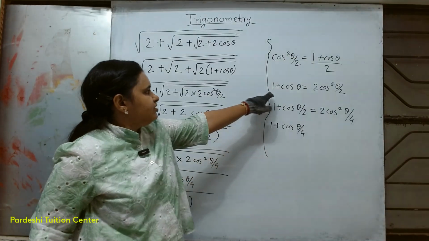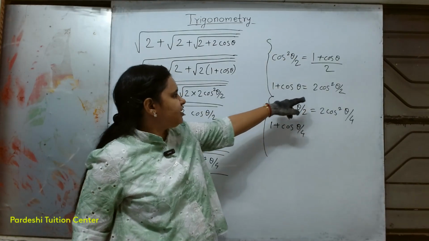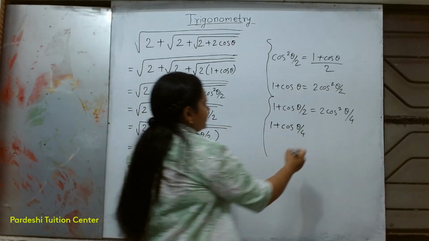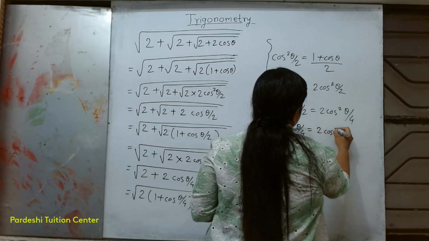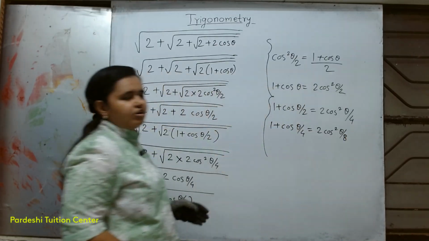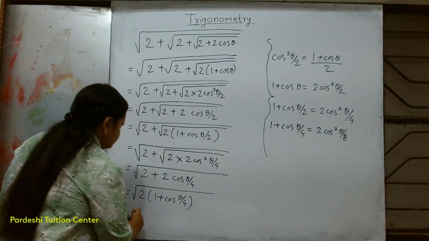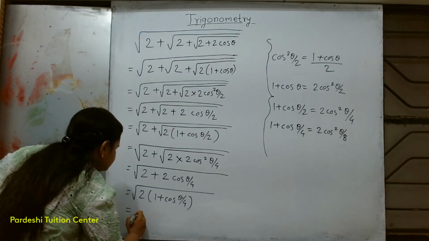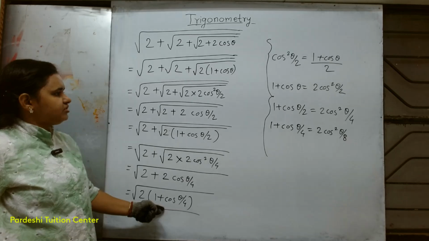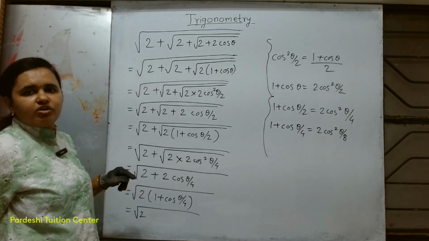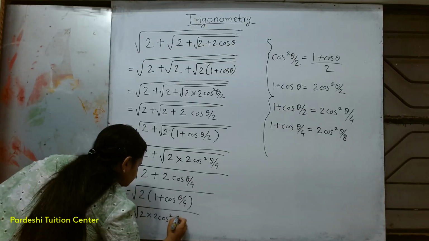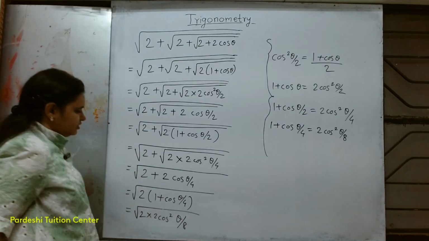So 1 plus cos theta is 2 cos square theta by 2. If we take 1/4 of this angle, then on the right hand side also we have to take 1/4, so it will be 2 cos square theta by 8. So 2 into 1 plus cos theta by 4 we have calculated as 2 cos square theta by 8.